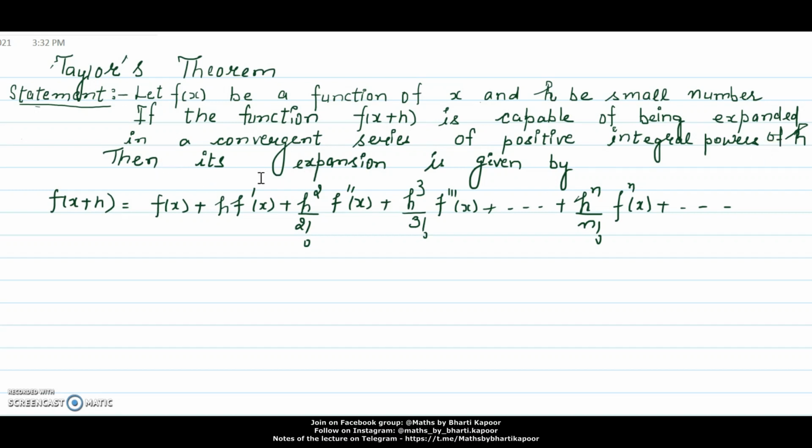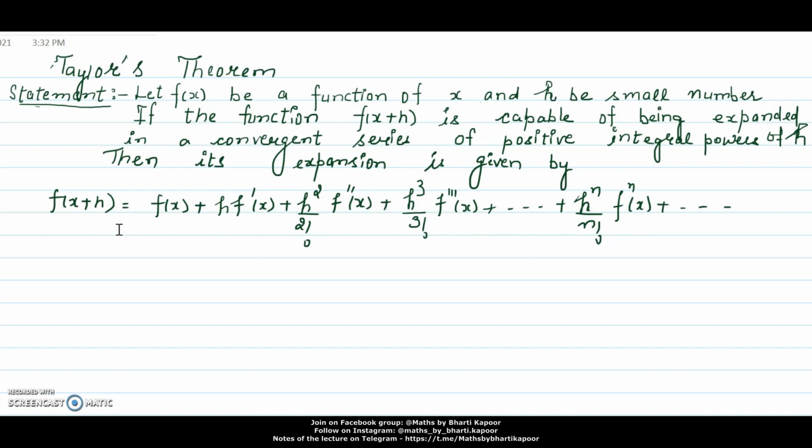Then the expansion of f(x+h) is given by f(x) + h f'(x) + h²/2! f''(x) + h³/3! f'''(x) + and so on, plus hⁿ/n! times the nth derivative of f at x, plus up to infinity.